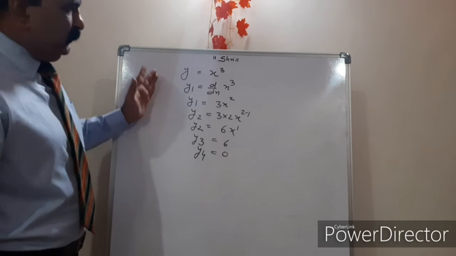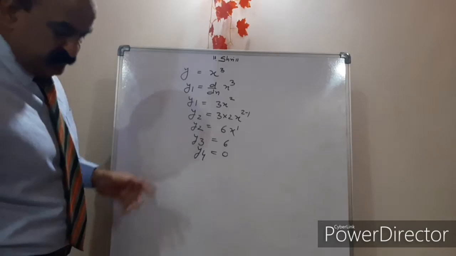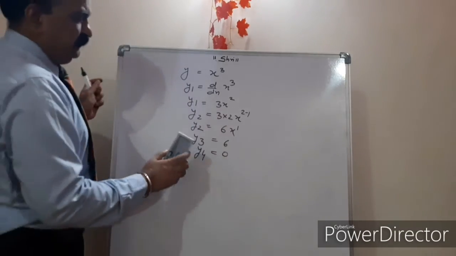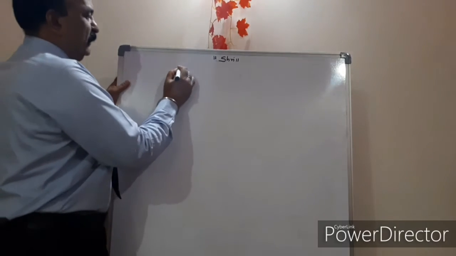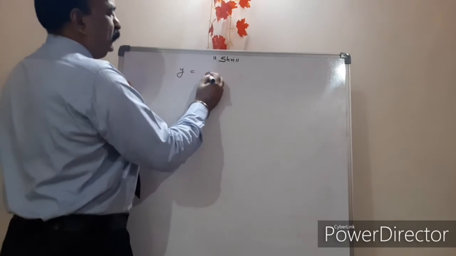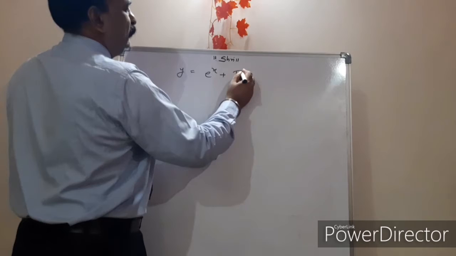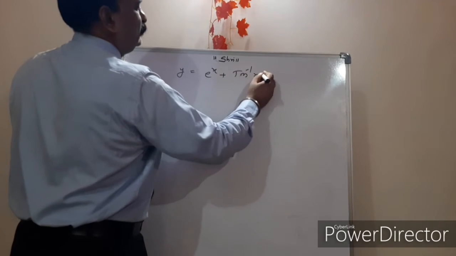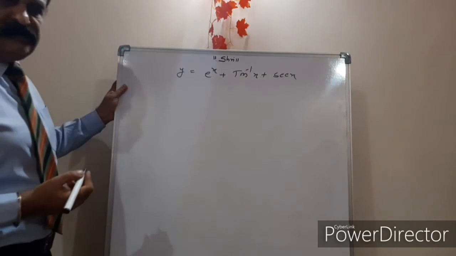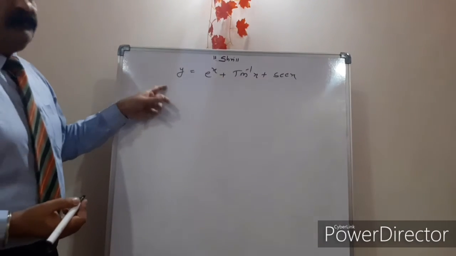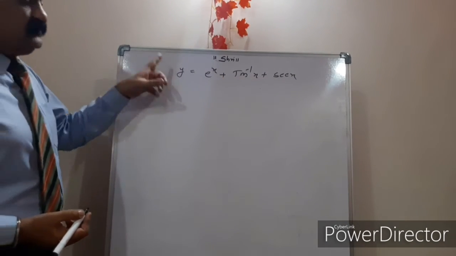I have given you the formula and how to find the differential coefficient. Now one more question I am taking. Suppose you are writing y is equal to e to the power x plus tan inverse x plus sec x. And now you have to find the differential coefficient of this, dy by dx or you can say y1.